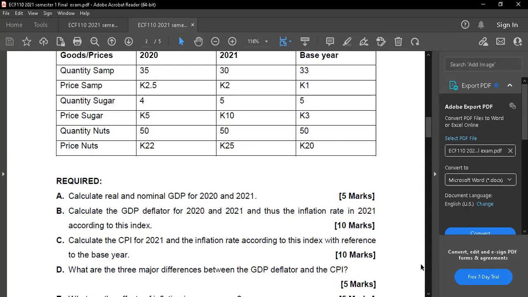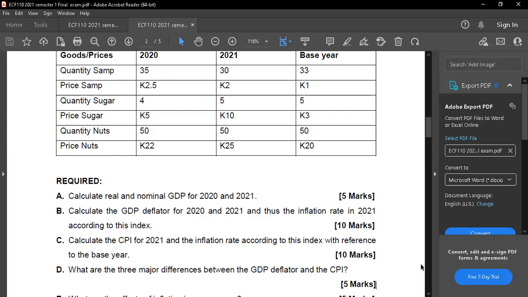For the first one, we did the GDP deflator, which is nominal GDP divided by real GDP times 100, and you just check whether it's above 100 or not. Then for the CPI, you calculate the CPI for the current year minus the CPI for the initial year.